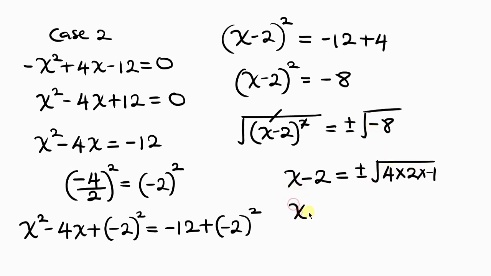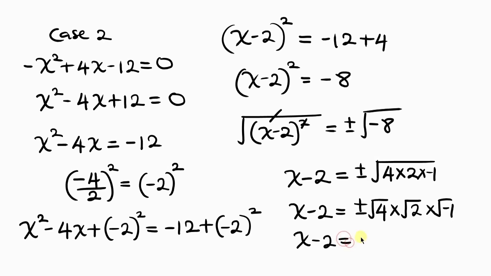So we have x minus 2 to be equal to plus or minus the square root of 4 times the square root of 2 times the square root of negative 1. Very good. So we're going to have x minus 2 to be equal to plus or minus. So for the perfect square, the square root of 4 is 2. We'll leave this inside of the square roots.